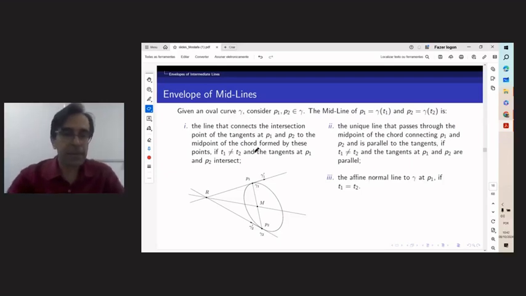In the first case, the midline is the line that passes through the intersection point and exactly the midpoint of the segment P1P2.